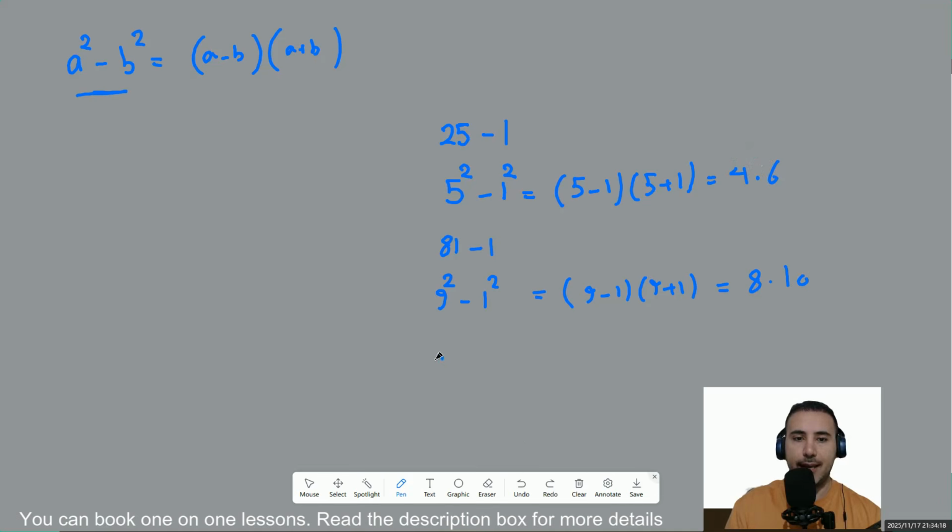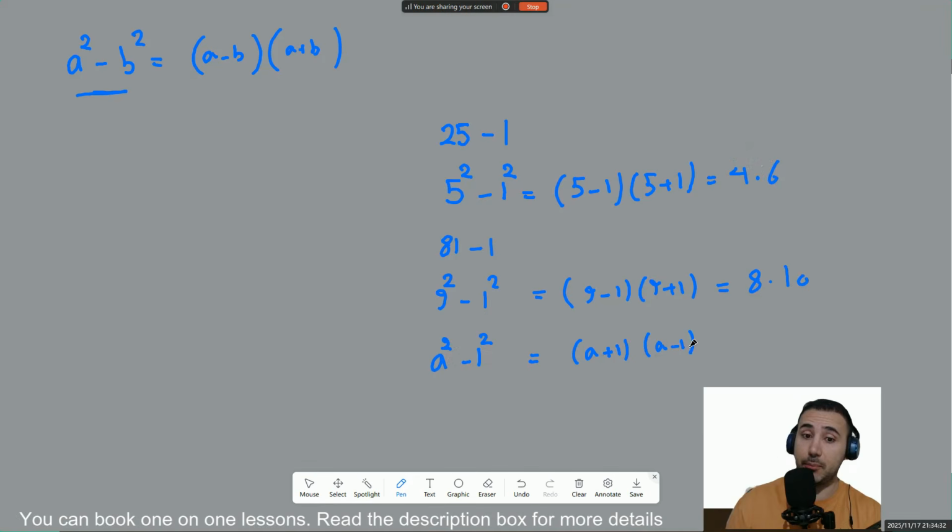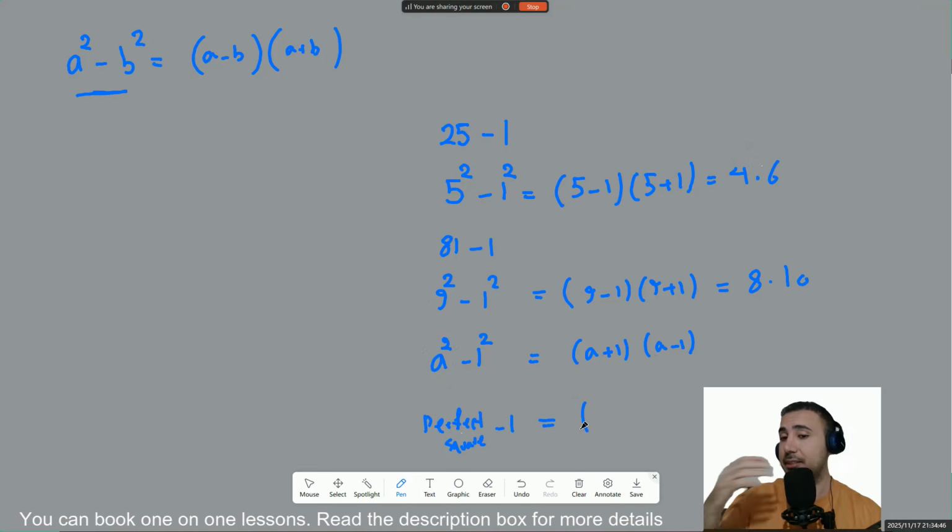And what if we have a squared minus 1? Remember, 1 and 1 squared are the same thing, so we're going to have a plus 1 times a minus 1. It's very important because if we have a perfect square minus 1, we could always write it as 2 numbers with the difference of 2.